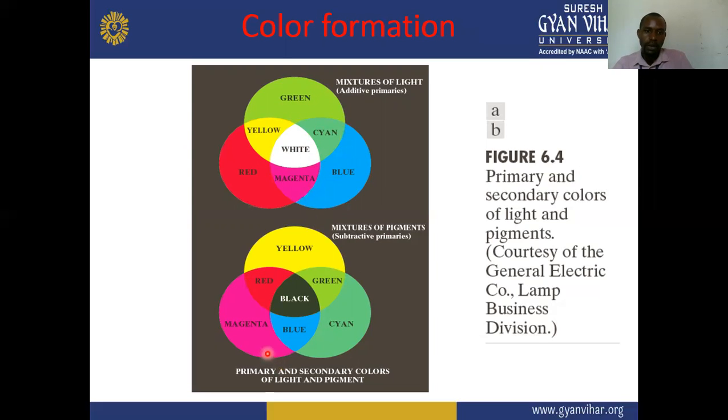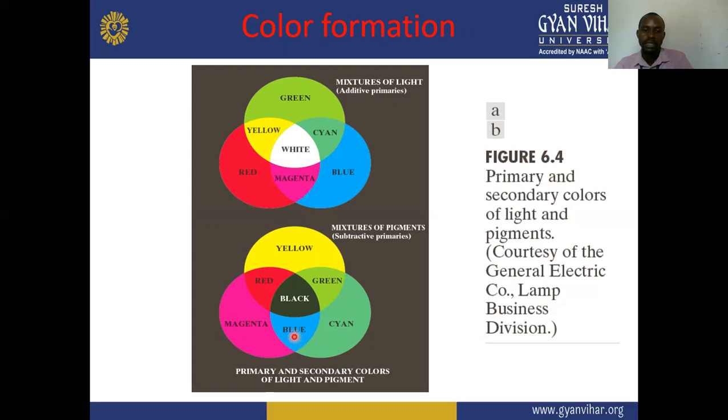When we combine magenta and yellow color, we form the red color. When we combine the magenta and the cyan color, we form the blue color. Lastly, when we combine the cyan and the yellow color, we form the green color.